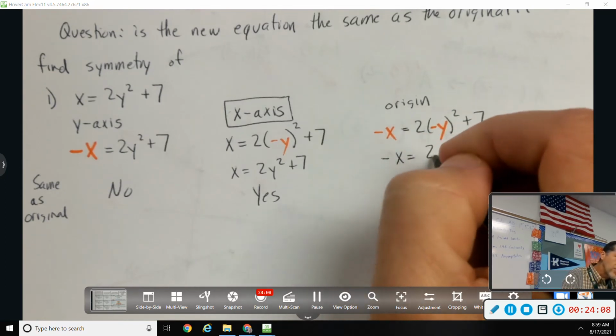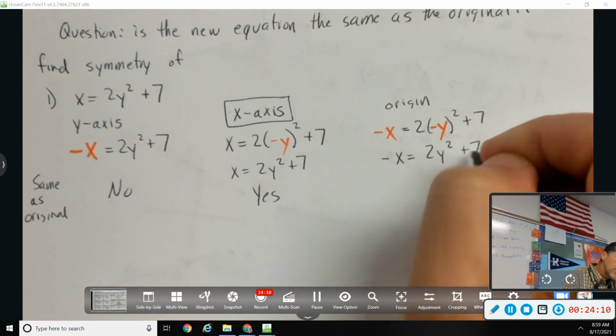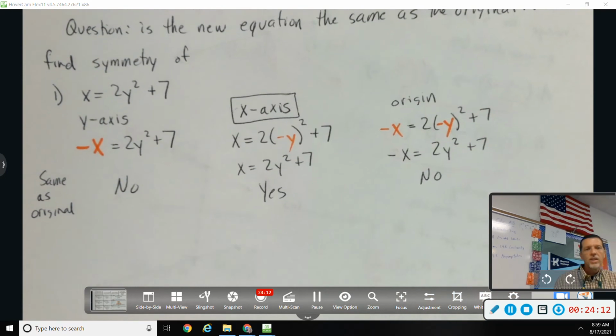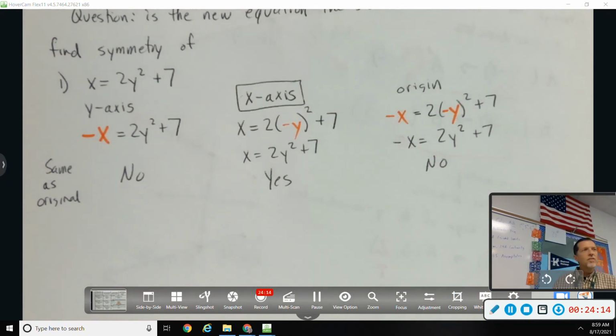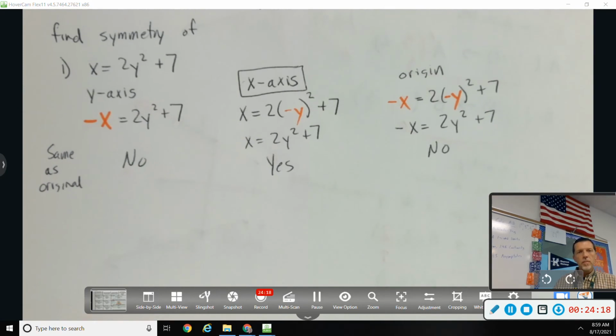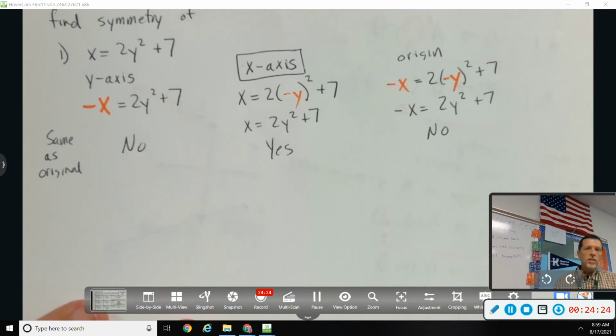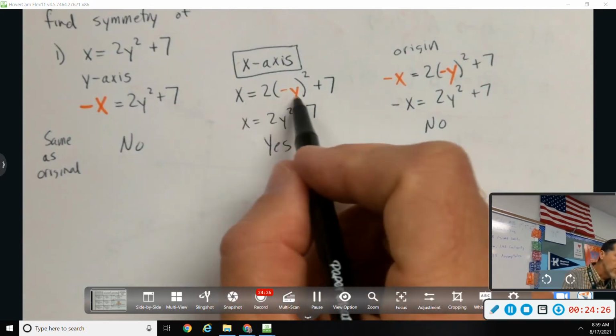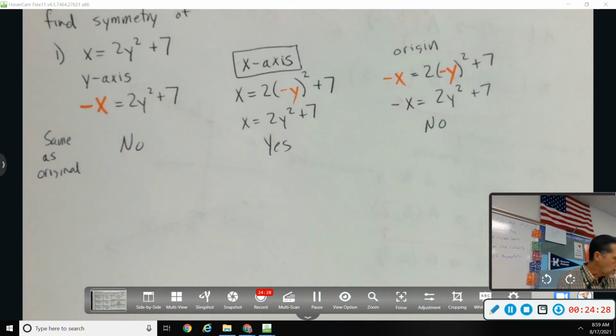Yeah, the y gets fixed, but the x is still not fixed, negative. So that's a no. So that thing has symmetry with the x-axis, because it worked when we changed the y, but it didn't work with any other combination.